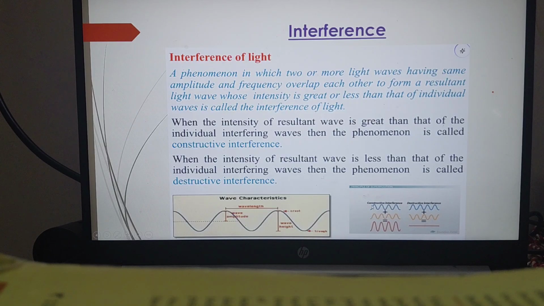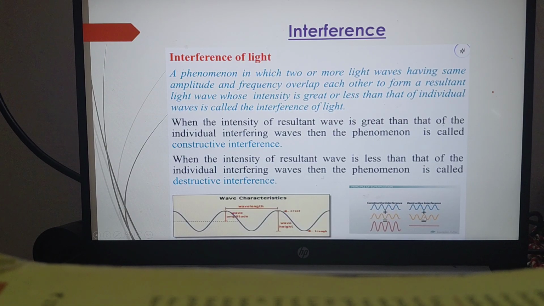The waves travel with the same crest and same trough, with the same amplitude. The resultant amplitude will be the highest, with the highest intensity. This complete phenomenon is known as constructive interference.